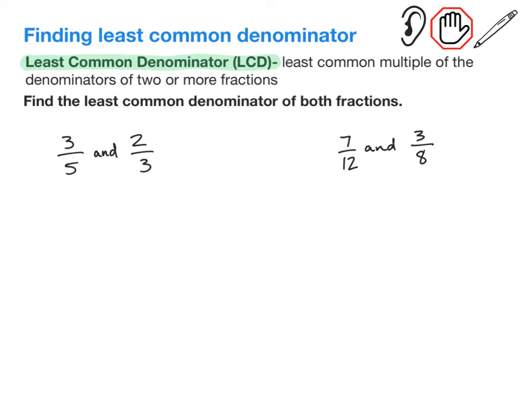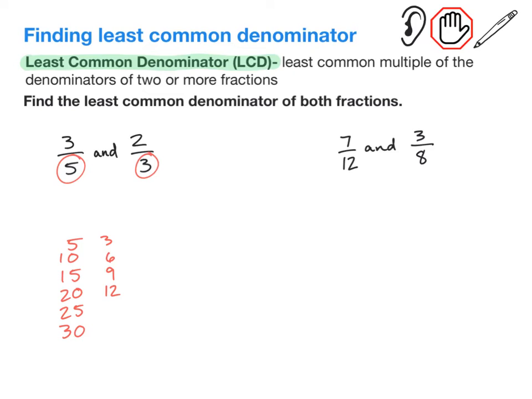So for 3/5 and 2/3, I'm going to circle the denominator, and I'm going to list all the multiples of 5 and all the multiples of 3. So 5, 10, 15, 20, 25, 30, and I'll stop there. Now I'll list the multiples of 3. 3, 6, 9, 12.